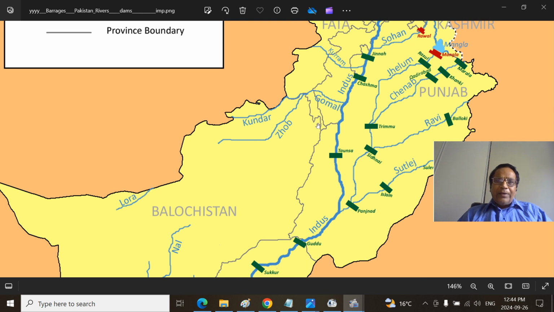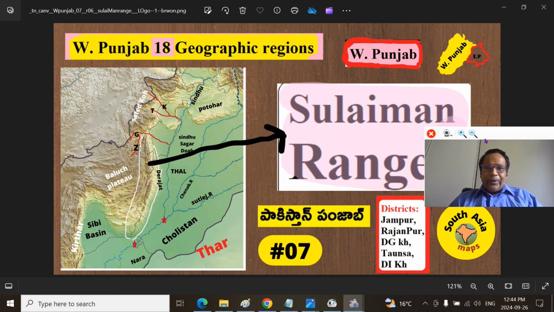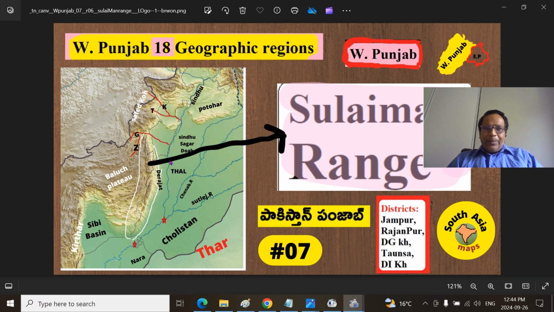This is the Baluchistan plateau, and to the east is the Sulaiman range. This is the Sindhu river, and the western part is called Trans Sindhu, across the Sindhu. Assuming Lahore city or Indraprastha, Delhi is our focal point, this is the Cis Indus region.